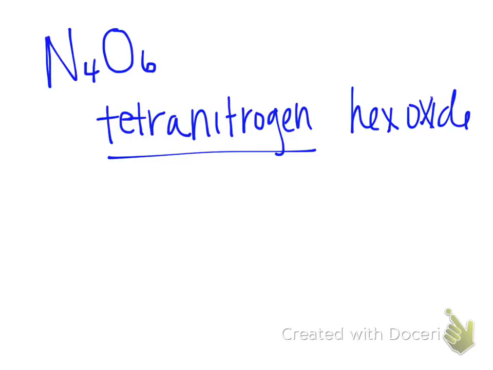So tetranitrogen hexoxide. Laura, does that make sense? Okay, so in case we've got more than one of our first element, that's when we include the prefix. If it's a single, then we do not. Remember that covalent compounds do not reduce. So this would not reduce down to N2O3. That's not how it works. They stay just as written.